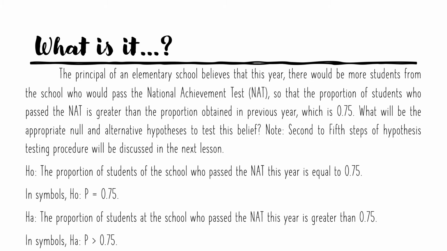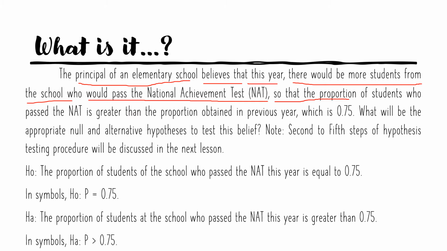Let's use this example for us to deal with this population proportion. The principal of an elementary school believes that this year there would be more students from the school who would pass the national achievement test, so that the proportion of students who pass the NAT is greater than the proportion obtained in previous year, which is 0.75.